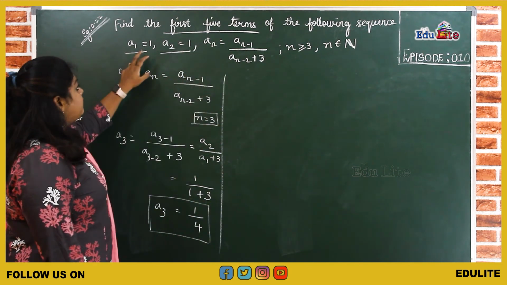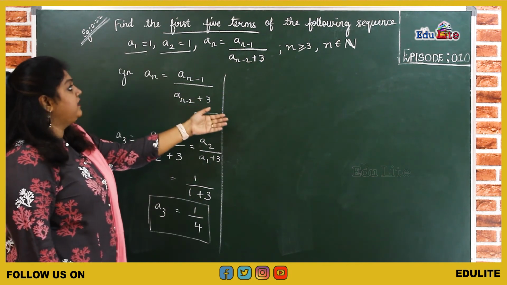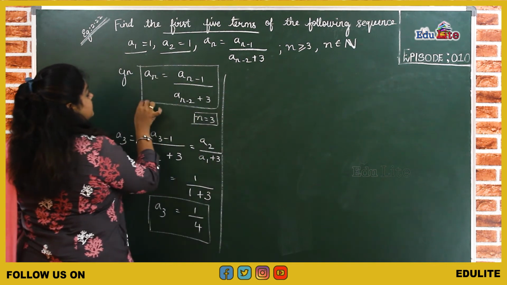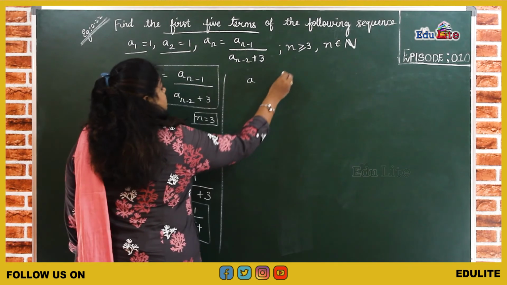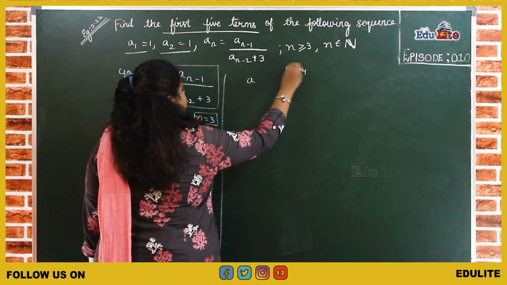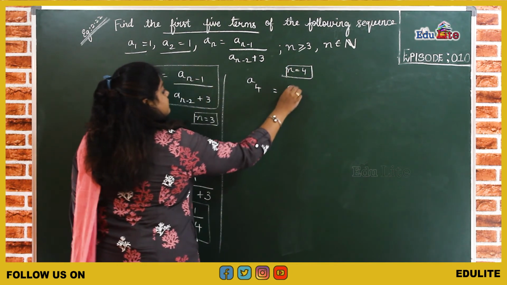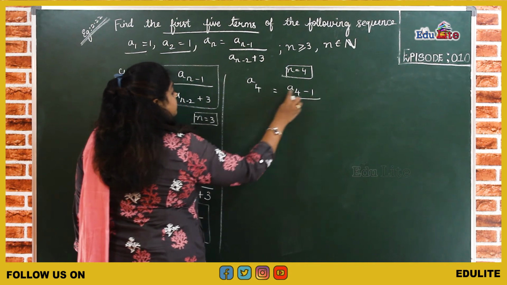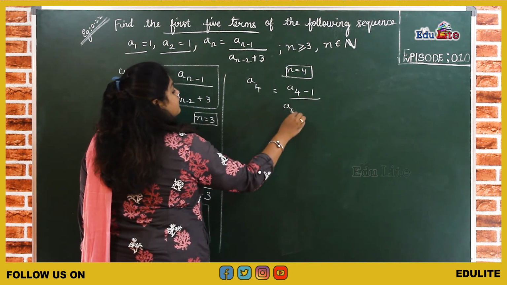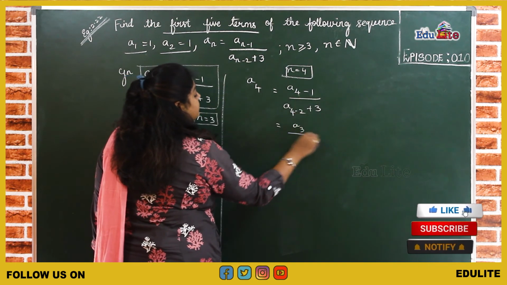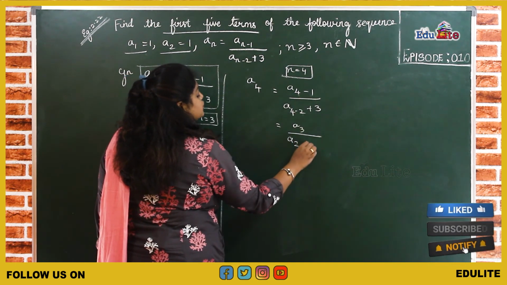Now, with the help of a1, a2 and a3, we can find the fourth term a4 using the same general term of the sequence an. So, we have to substitute the value of n as 4 now. Therefore, a4 is equal to, n value is 4, so 4 minus 1 by 4 minus 2 plus 3. 4 minus 1 is 3 by 4 minus 2 is 2 plus 3.